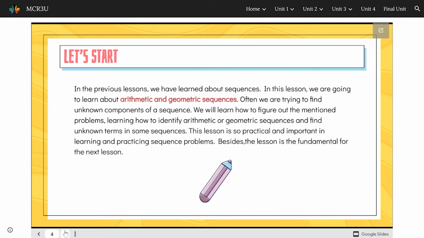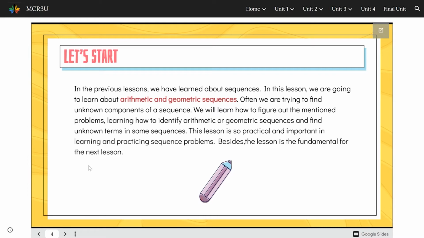Let's start. In the previous lesson we learned about sequences. In this lesson we are going to talk about arithmetic and geometric sequences. Often we try to find unknown terms of the sequence. It is simple, but a little bit difficult.